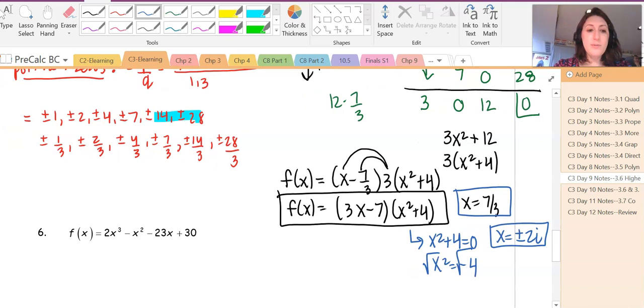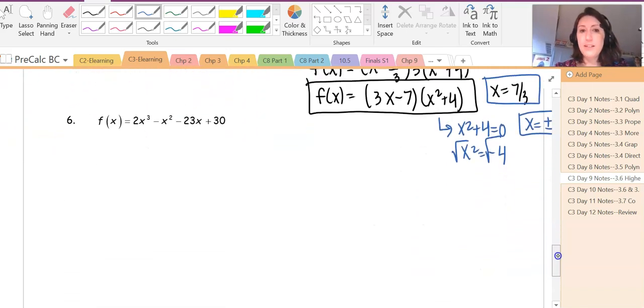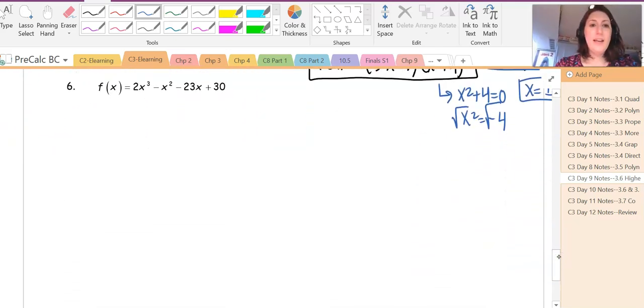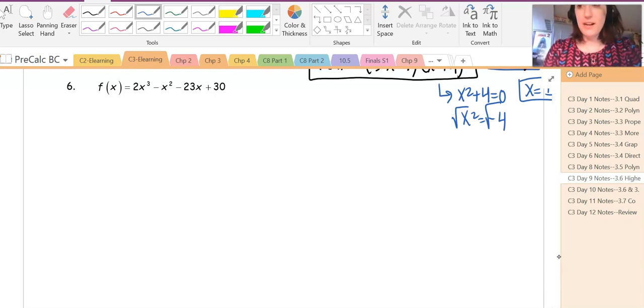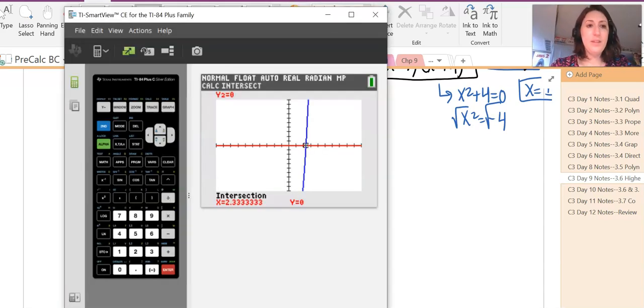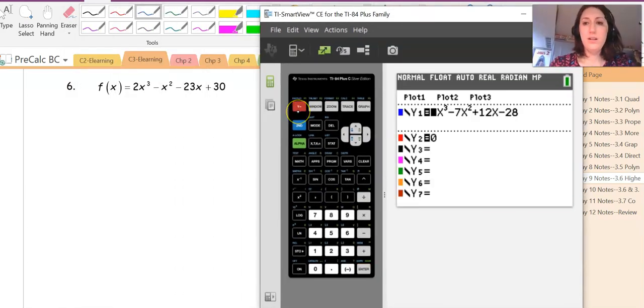Okay, which brings us to our very last problem, number 6. Let's skip the potential rational zeros and the max real zeros part, because I feel like we've done that for all of them. Let's jump straight to the graphing, factoring, and solving. So 2x cubed minus x squared minus 23x plus 30.